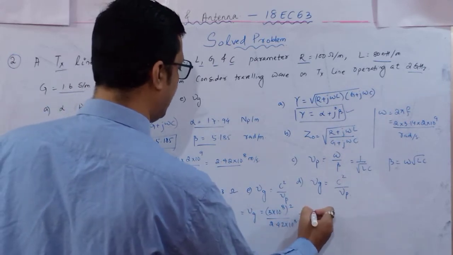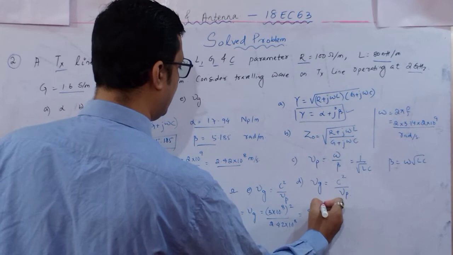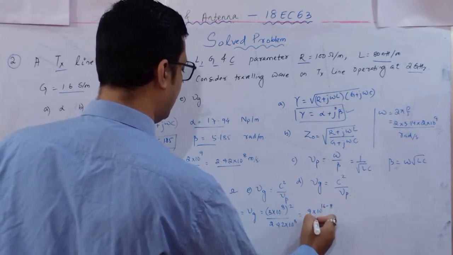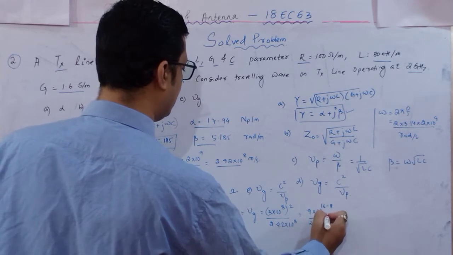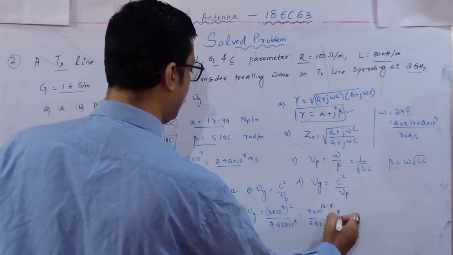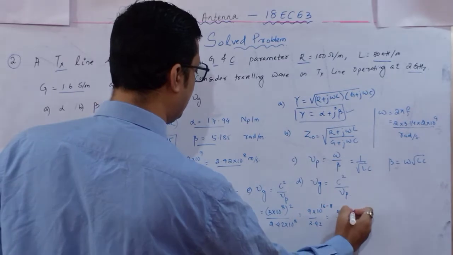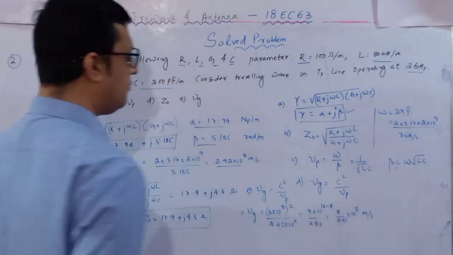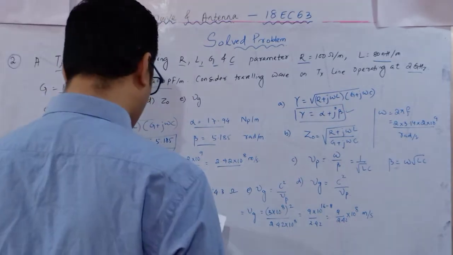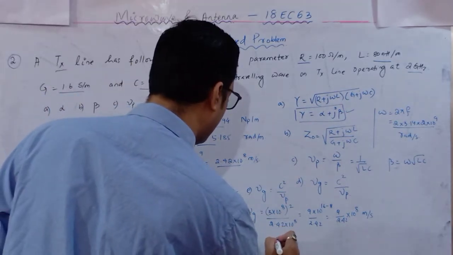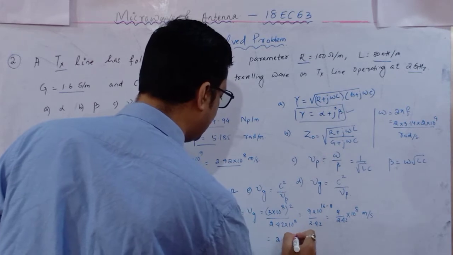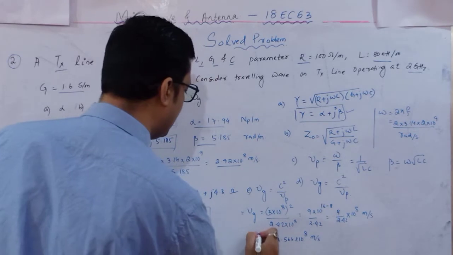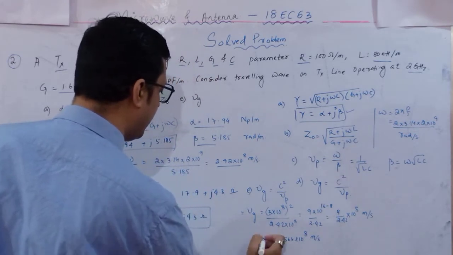So here I will get 9 into 10 to the power 16 divided by 2.42 into 10 to the power 8. So 9 divided by 2.42 into 10 to the power 8 meter per second. So your group velocity will become 2.563 into 10 to the power 8 meter per second. So this is my group velocity.